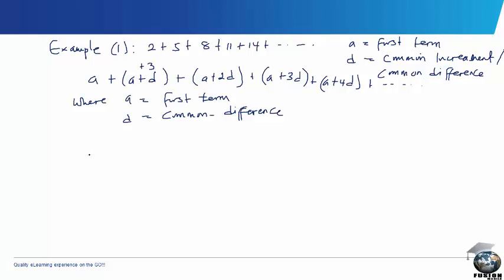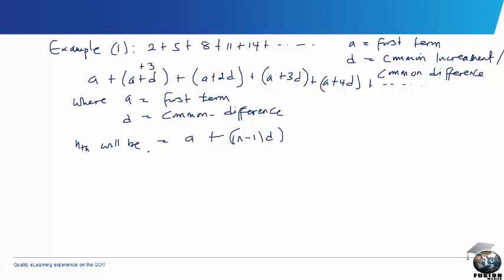Let's find out how this works with a sequence. Ordinarily we say the nth term is equal to a, the first term, plus n minus 1 times d, to give us the nth term.